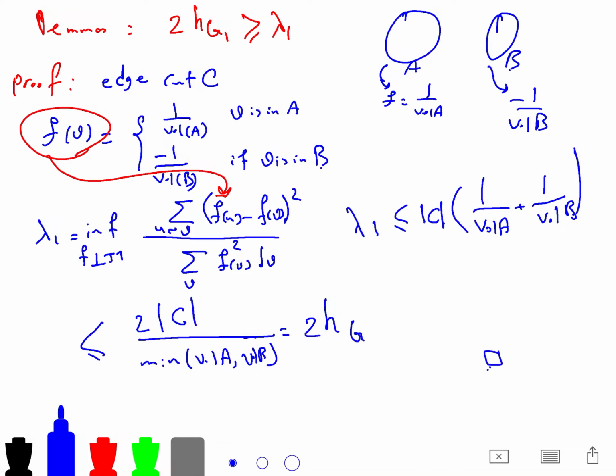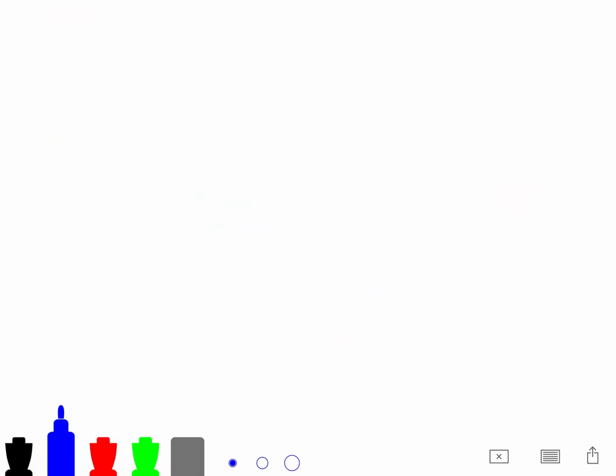And we have proved, because lambda 1 is now less than or equal to 2 h of G, one side of the Cheeger inequality.